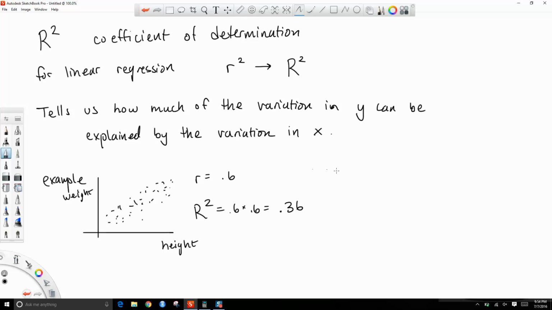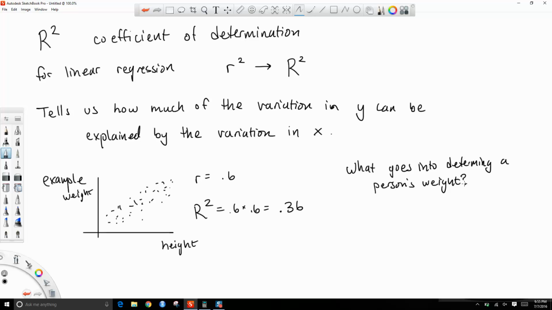So this means that, what goes into determining someone's weight? There are lots of factors that go into determining someone's weight. One of those factors could be height. But things like diet, their waist size, there are all sorts of things that go into determining a person's weight.